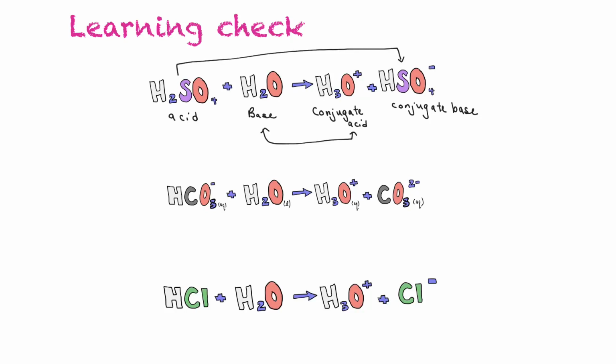In our second example, we have hydrogen carbonate reacting with water to form hydronium and carbonate. So in this example, the hydrogen carbonate is acting as the acid, and that would mean that the carbonate would be the conjugate base.